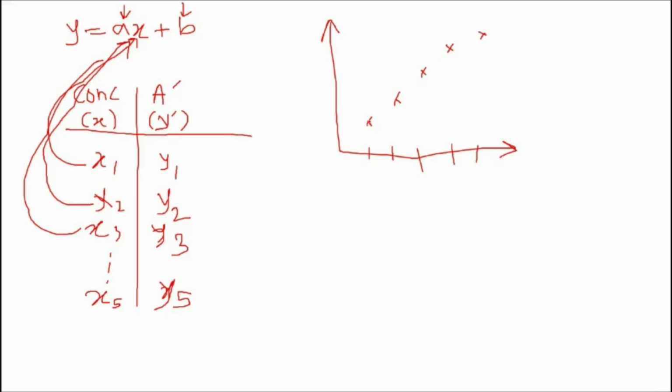You plot these 5 points. After plotting these 5 points, you will draw a line passing through all the points. Don't worry, they will all fall on the same line, because it is the best fit line and you have calculated those points using that line. So all points will be on the same line.